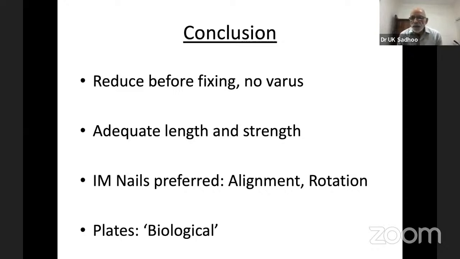A 4-hole plate doesn't take much of an exposure. Once you reduce and hold it with 2 up and 2 down unicortical screws, your job is done. Close the wound, ream, so that reaming products don't come out, and at the end of it you can leave the plate or take it out.